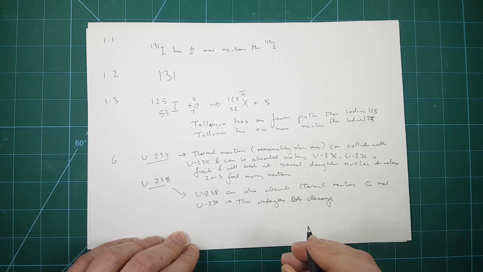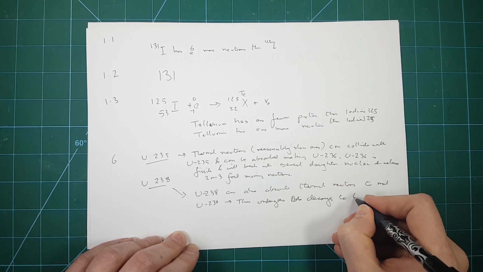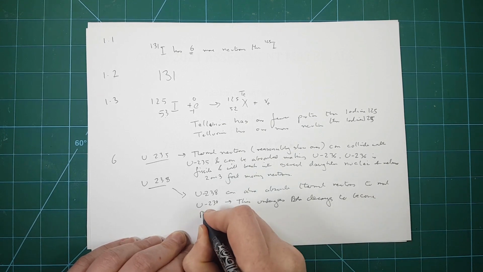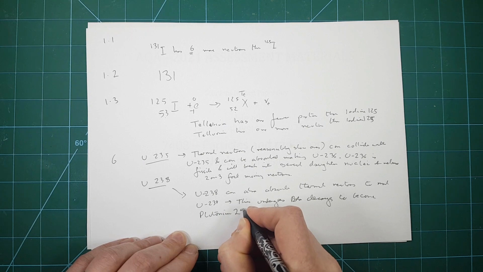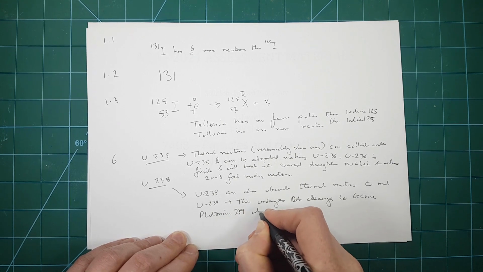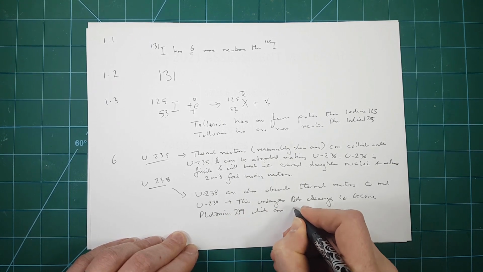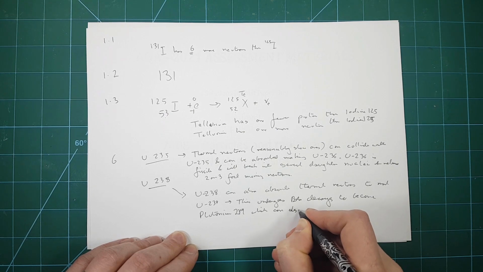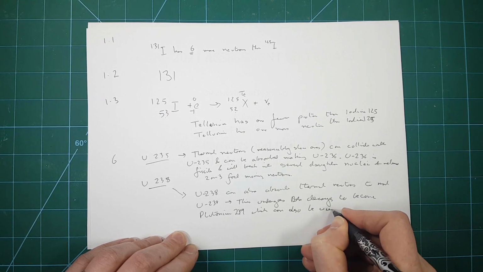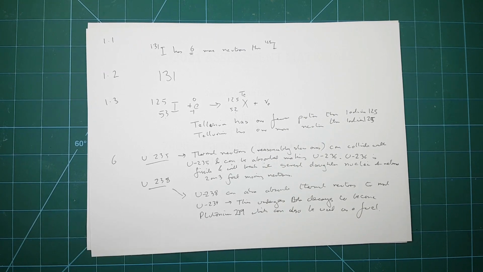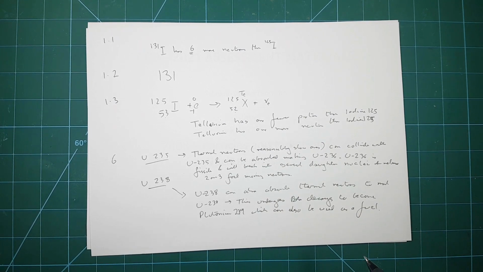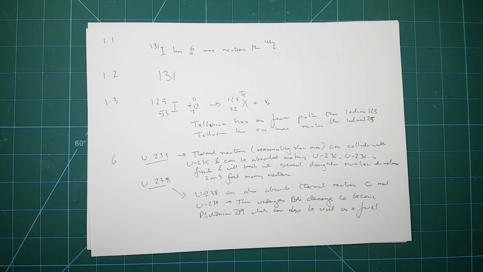So we'll just put beta decays in there to become plutonium-239, which can also be used as a fuel. So that would be in a different reactor usually. That's loads of detail there that will easily get us all 3 marks for that one.